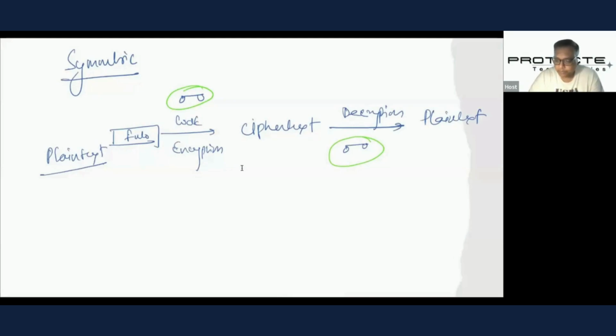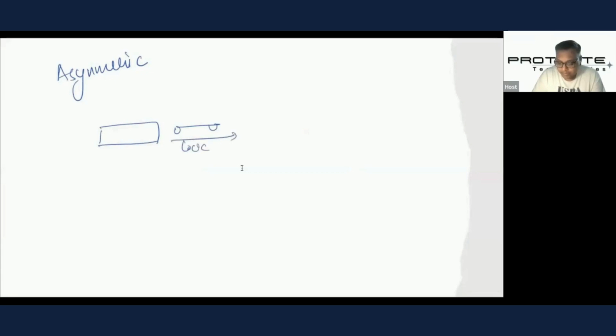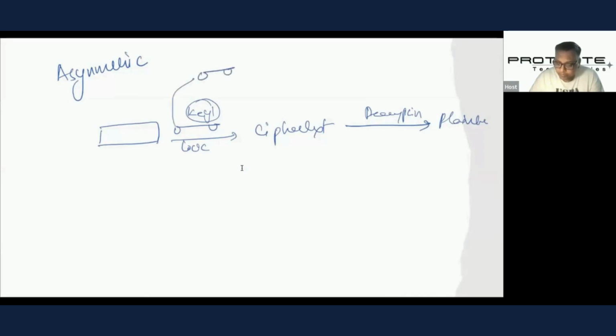Then what are asymmetric crypto systems? You have information, and you lock it with one key, key 1, and you have the ciphertext. Once you decrypt it and get back the plain text, you do not do it with key 1. There is another key which was generated, key 2.